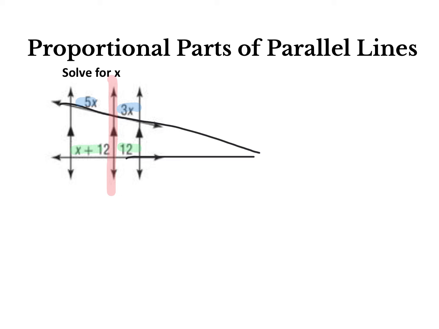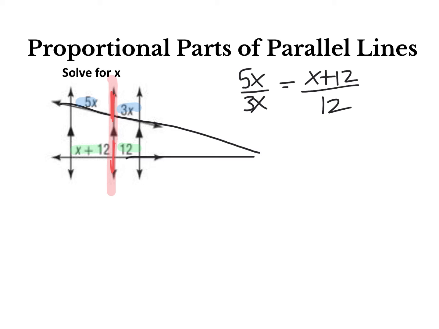I treat the line as my fraction, but now my fraction is vertical. So my setup is 5x over 3x will equal x plus 12 over 12. There's my ratio. Parallel lines make things proportional to each other. It gives them the same ratio.